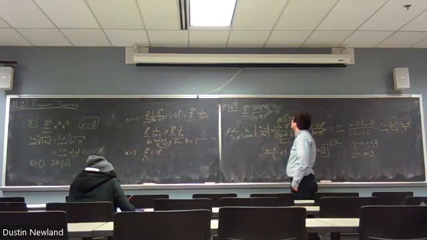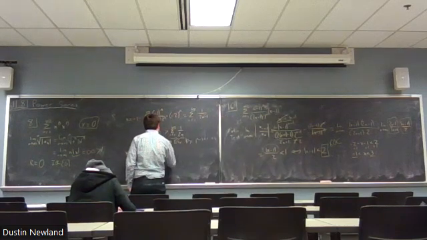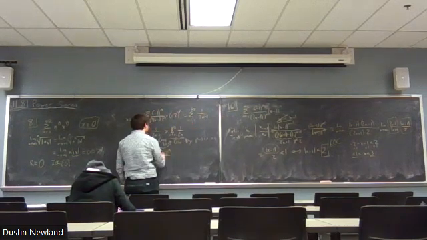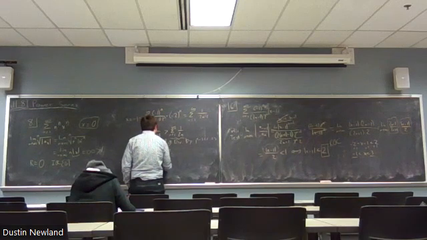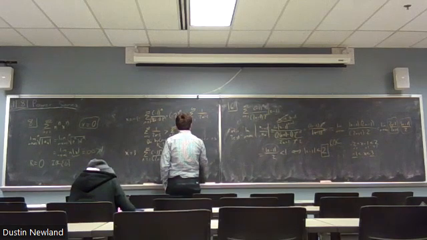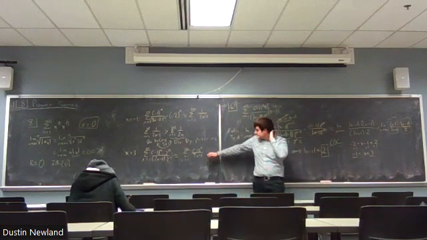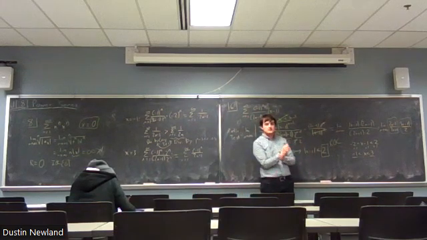That cancels out. Good. So we get positive 2 to the n, which is still going to cancel out. So we're going to get the sum from n equals 1 to infinity of -1 to the n over 2n minus 1.